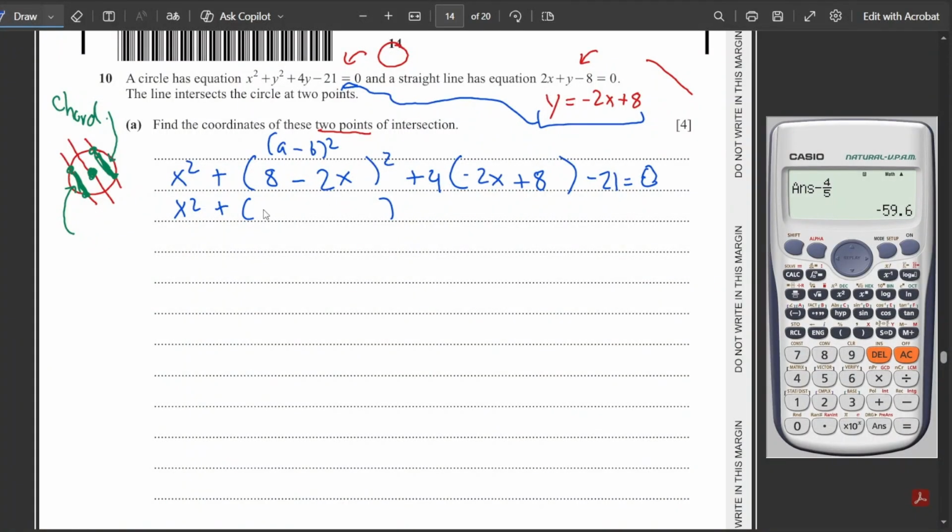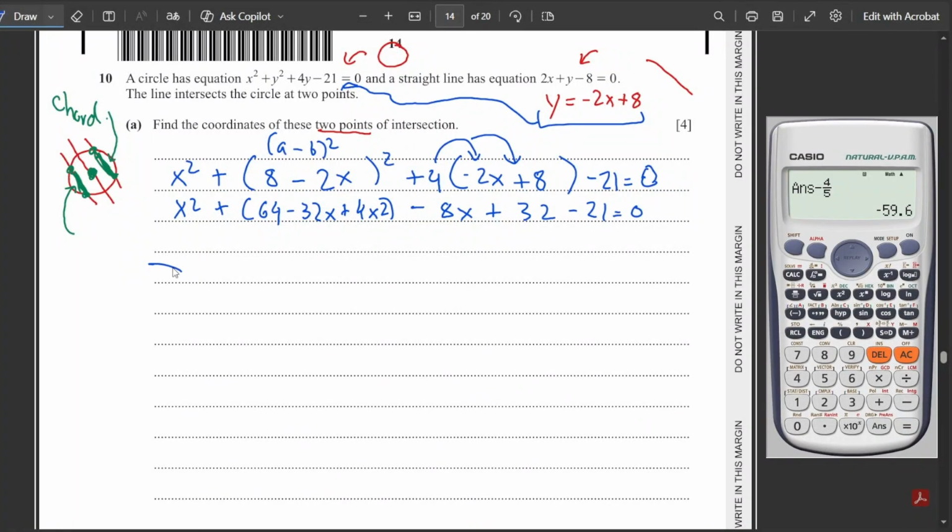So it's going to be a squared, which is 64, 8 squared is 64, minus 2ab, so 2 times 2 times 8, that's going to be 32x, and then plus b squared. So b squared is going to be 2 times 2 is 4, and x squared. And over here, I'm going to get this 4 multiplied over here and over here, so it's going to be minus 8x plus 4 times 8. 4 times 8 is 32, and then minus 21 over here.